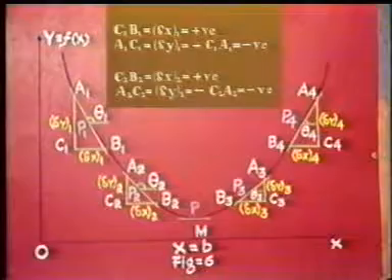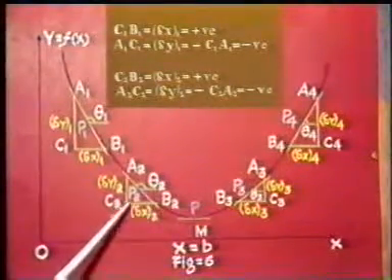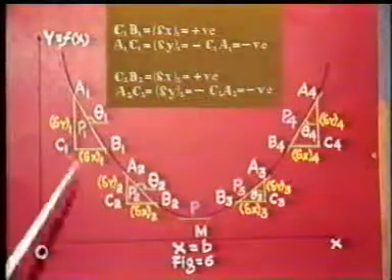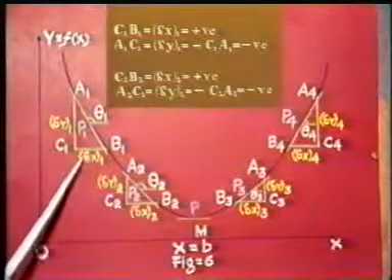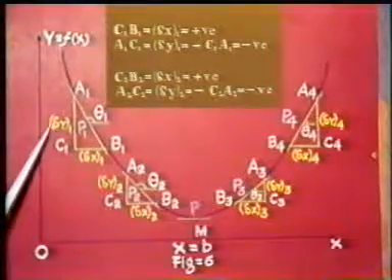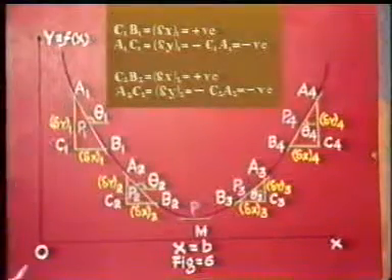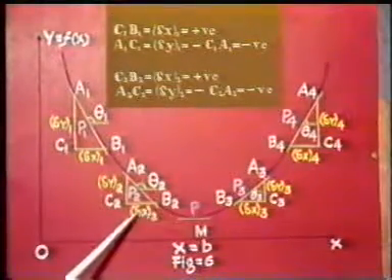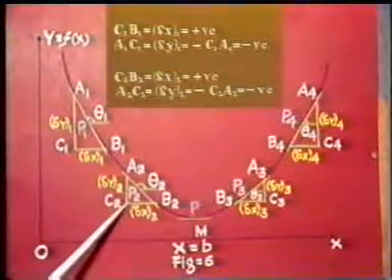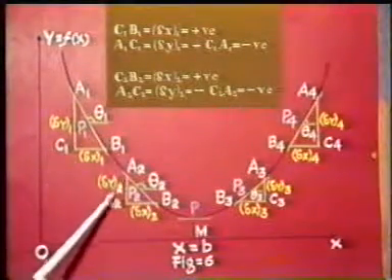Similarly, in moving from the point A2 to B2 along the curve, x increases by C2B2 and y increases by A2C2. Thus, C1B1 is equal to delta x1 is positive, A1C1 is equal to delta y1 is equal to minus C1A1 is negative, C2B2 is equal to delta x2 is positive, A2C2 is equal to delta y2 is equal to minus C2A2 is negative.